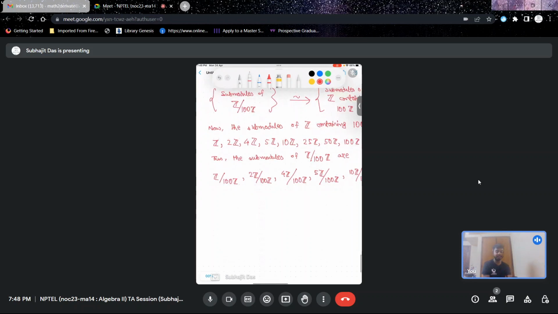Now what about the rest? Z mod 100Z is certainly not indecomposable because you can write Z mod 100Z as 4Z mod 100Z direct sum 25Z mod 100Z, right?